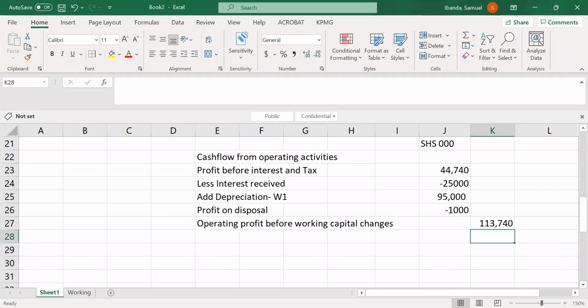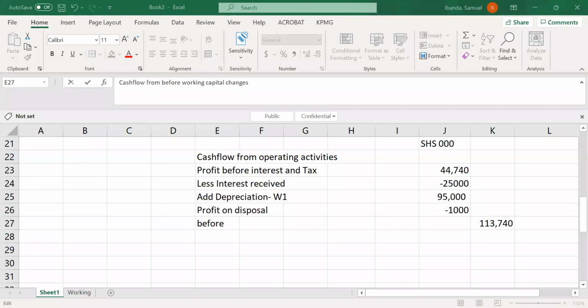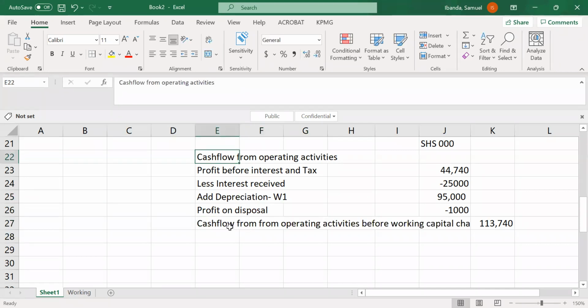Okay. Maybe not to confuse you, you can also call this cash flow from operating activities. Maybe this one may be easier for you to remember since you already have cash flow from operating activities here.